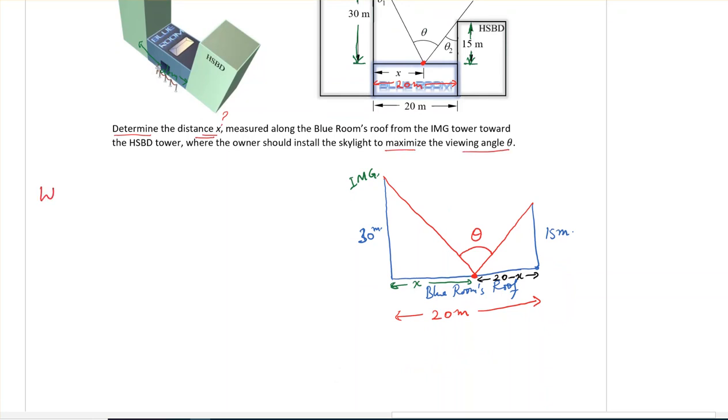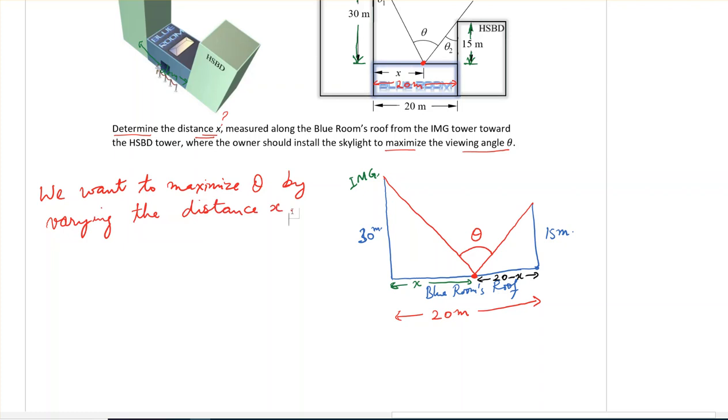So what we want to do is maximize angle theta by varying the distance x. So basically this is an optimization problem.